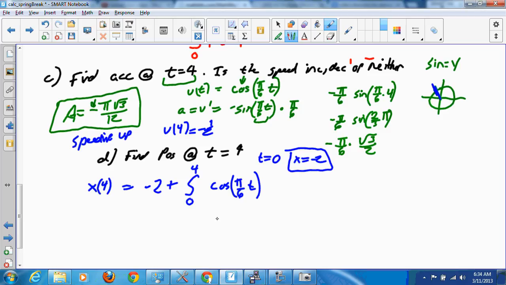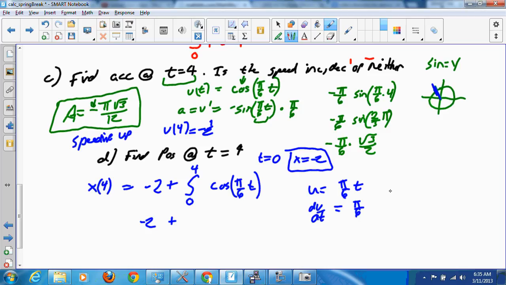Okay, well, the integral of this is what? Positive sine pi over 6 times t, but this is not just, we should probably slow down a little bit. We're going to make a u substitution here. U is equal to pi over 6 times t, and du dt is equal to pi over 6.